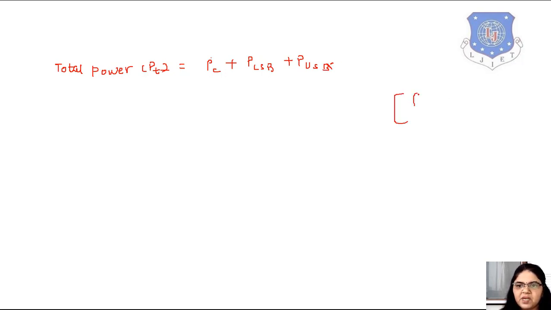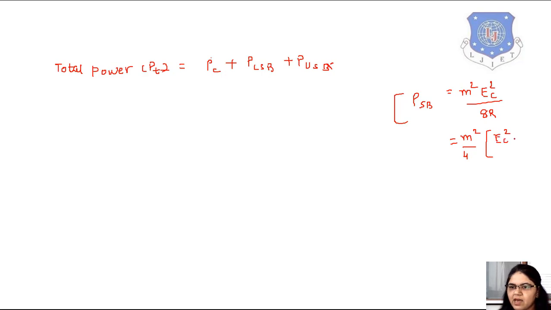Now what is the PSB value equal to? PSB is m square Vc square upon 8R. But what is the PC value? PC is Vc square upon 2R. So I can write over here m square upon 4 in bracket, Vc square upon 2R.